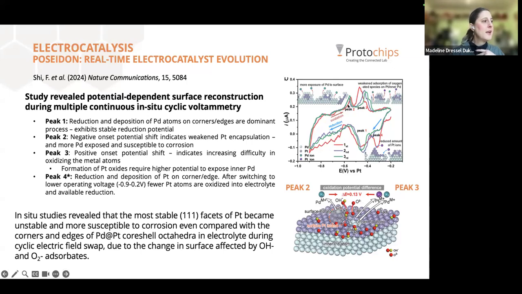Peak 2 is experiencing a negative potential shift because as it cycles more and more, the palladium becomes weaker and weaker. And so more and more, the platinum encapsulation becomes weaker, and more palladium under the shell is exposed. Peak 3 is showing a positive potential shift.